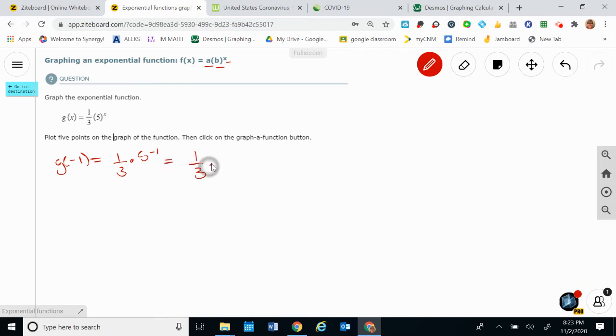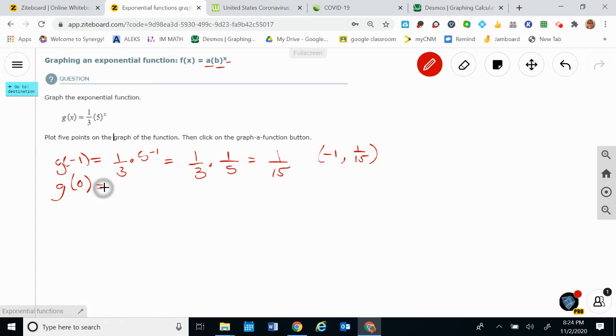So that's 1/3 times 1/5, which is 1/15, which is basically so close to the x-axis you can't even graph it. But you guys can, because you can put it into the point grapher, whatever, the coordinate grapher on Alex.